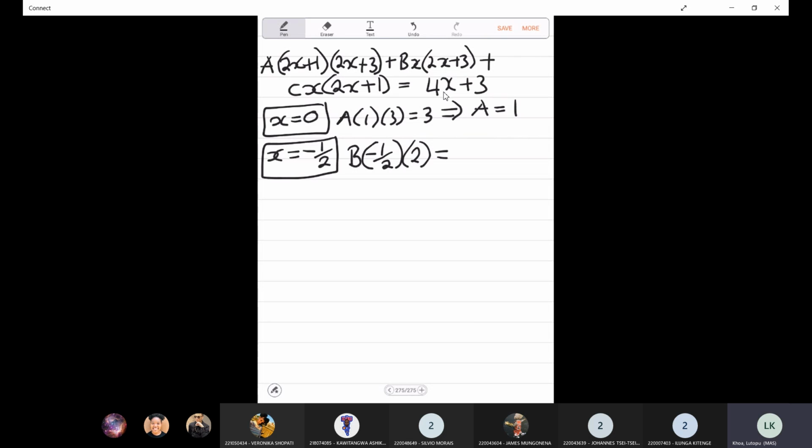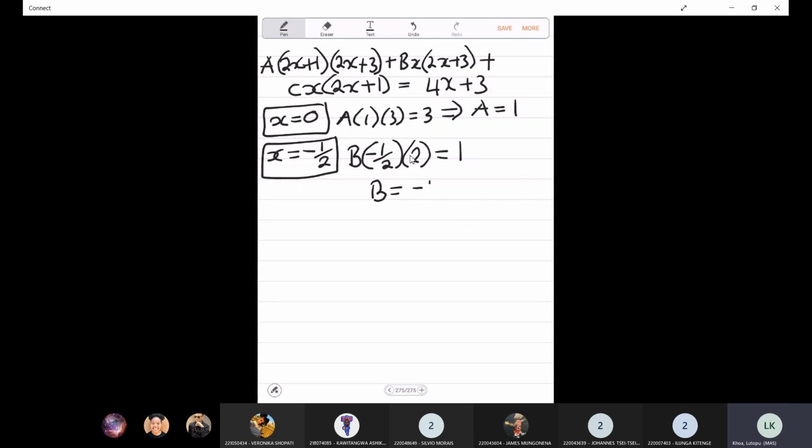And then on the other side, 4 times minus half is 2. 2 plus, negative 2, sorry, negative 2 plus 1 is negative 1. Negative 2 plus 3 is positive 1. Okay, yeah. And then this means that b is equal to, this is negative 1, so b is equal to negative 1.